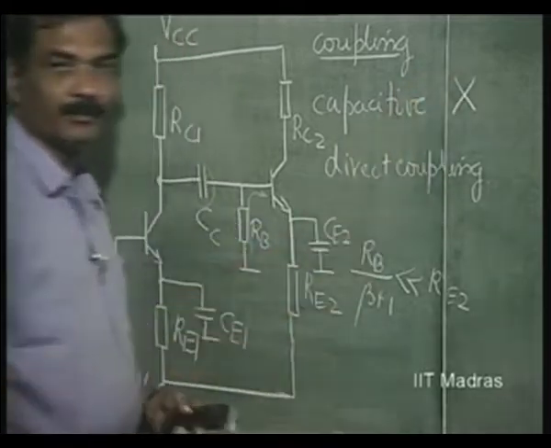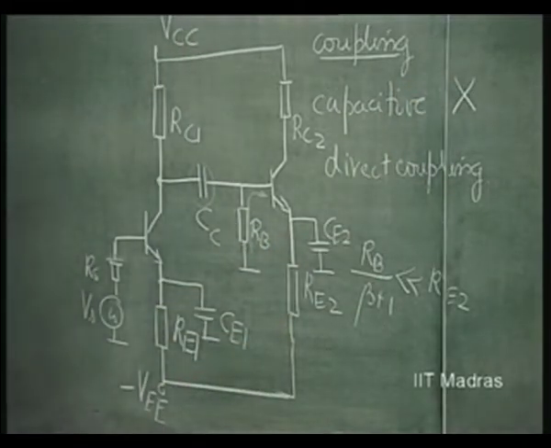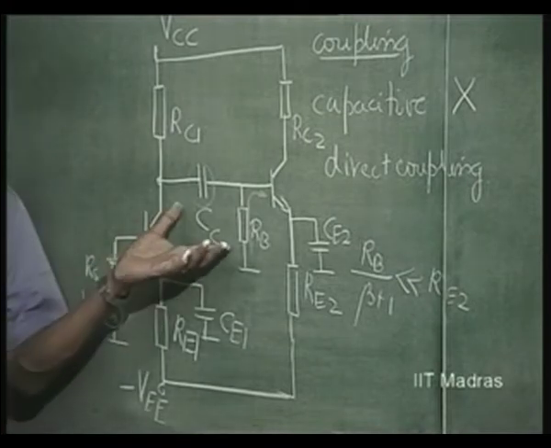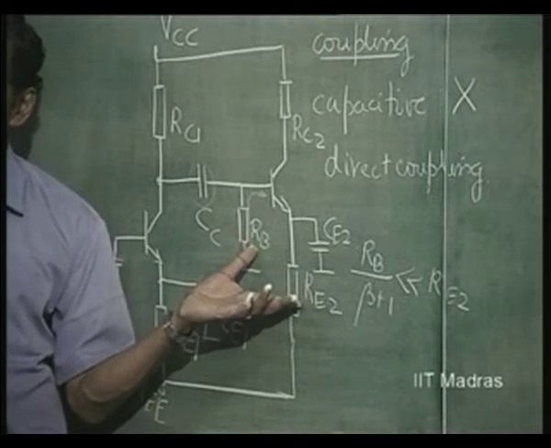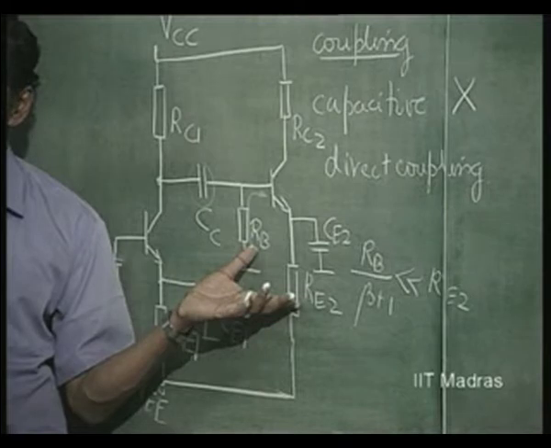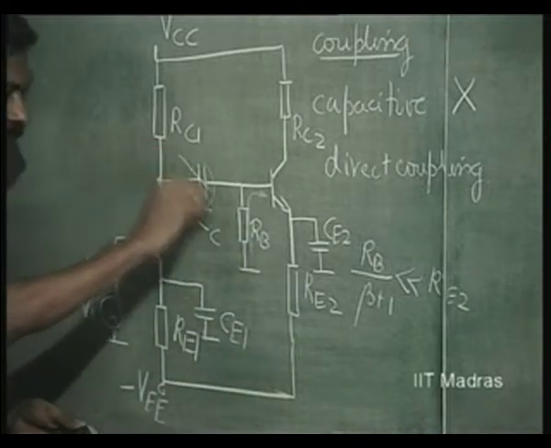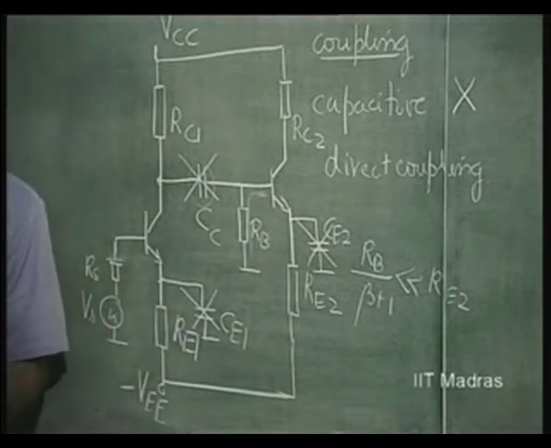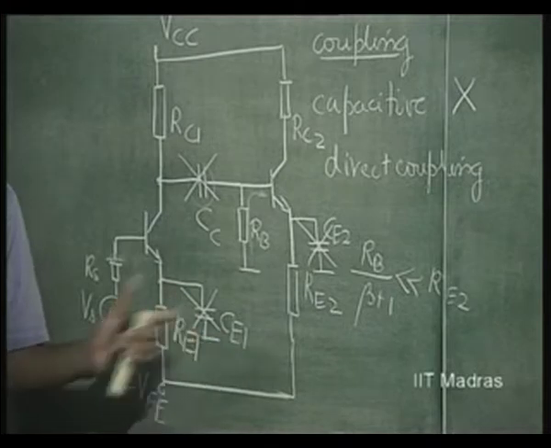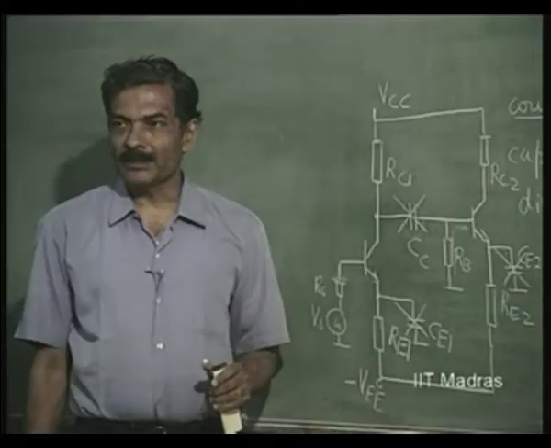So, this is avoided simply because large valued capacitors cannot be fabricated by present day technology of monolithic ICs. So, these capacitors are not available. I cannot make an IC out of it if you say that these capacitors must be used.